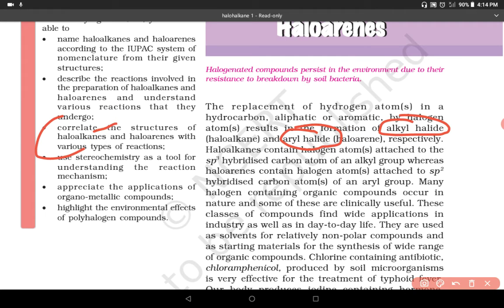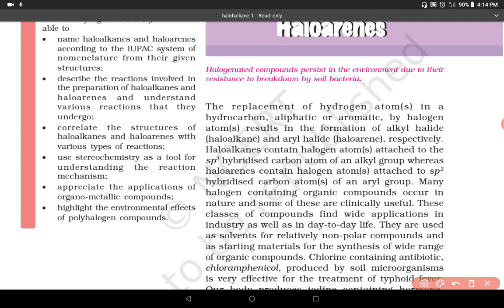If we consider a hydrocarbon, then it is called alkyl halide. If we consider aromatic and replace hydrogen, then it is called aryl halide, another name is haloarene respectively. Okay, I think you understood this.